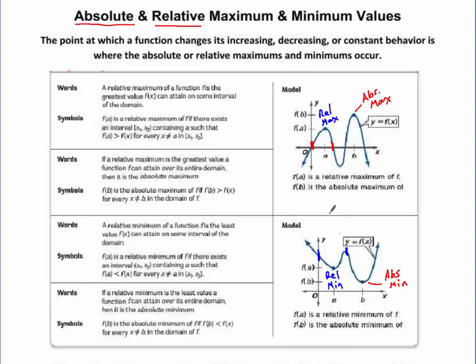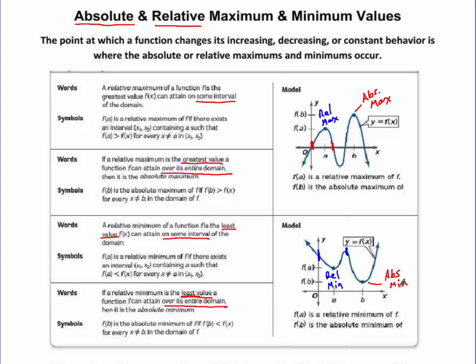A relative max or minimum is on some interval. An absolute max or minimum is the greatest value over the entire domain. Or if we look at the minimums, a relative minimum is the least value on some interval, where an absolute minimum is the least minimum over its entire domain.